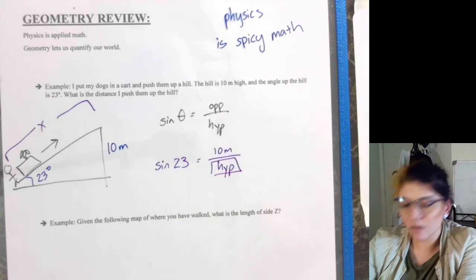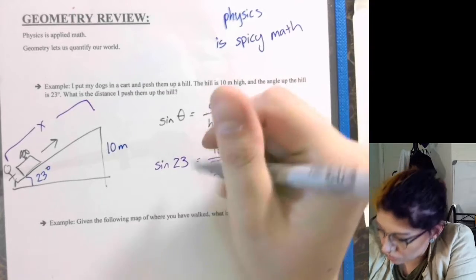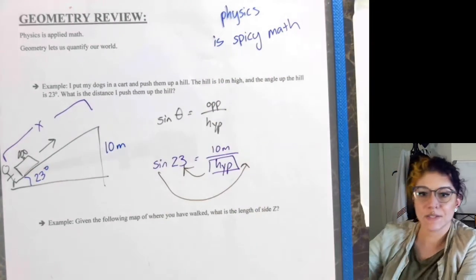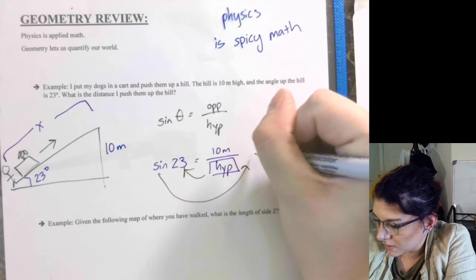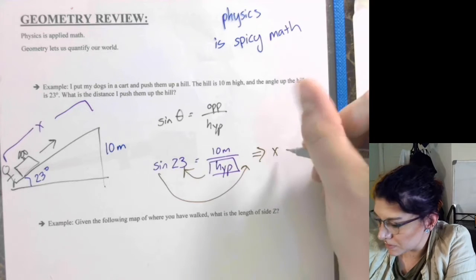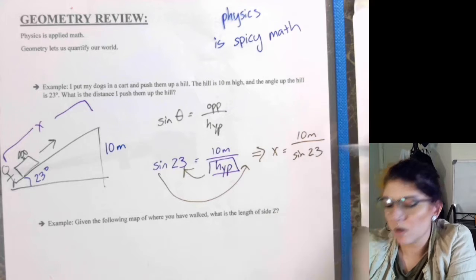I am solving for the hypotenuse. So I'm going to do some algebra. I'm going to move hypotenuse over and sine under. So I end up with x, the hypotenuse, is equal to 10 meters over sine 23.